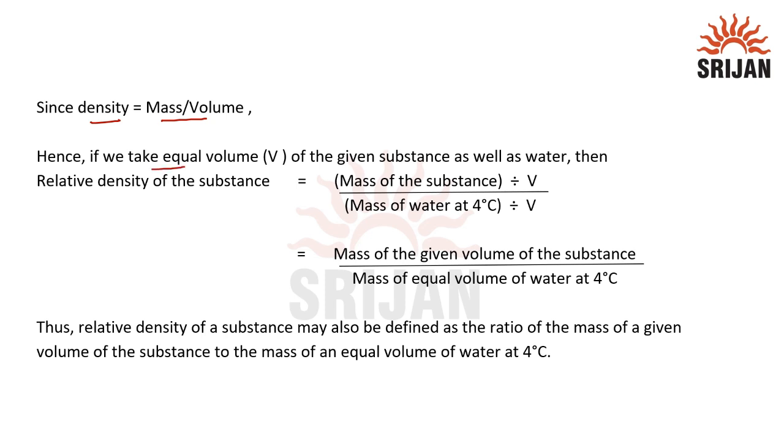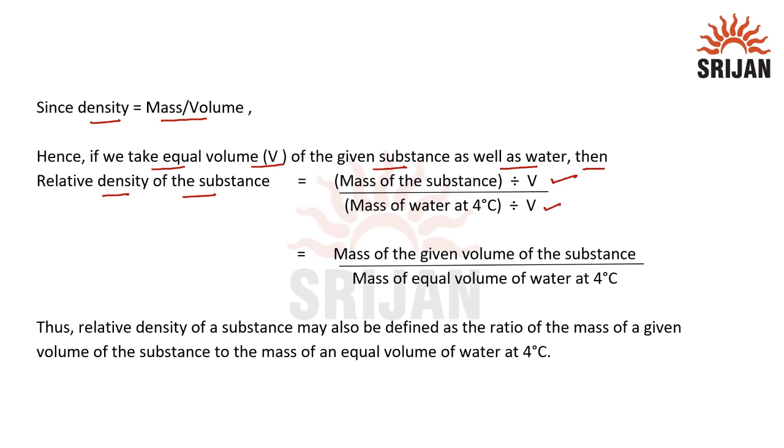Hence, if we take equal volume of given substance as well as water, then the relative density of substance will be equal to mass of the substance divided by volume and mass of the water at 4 degrees Celsius divided by same volume.